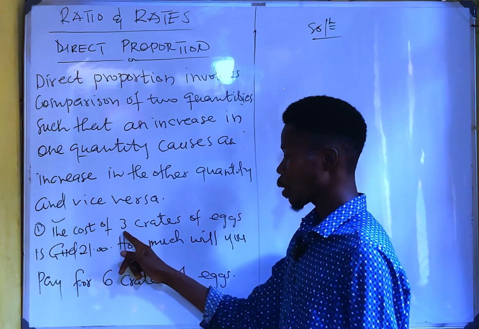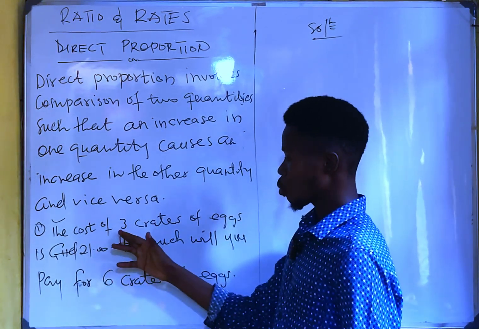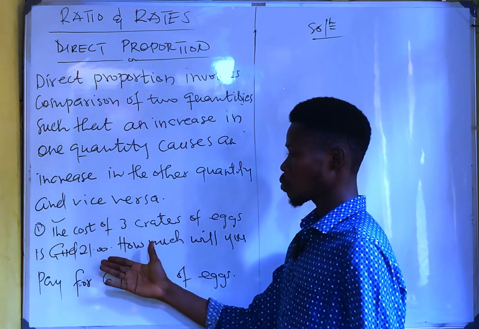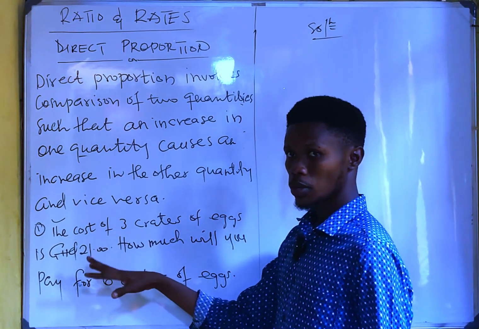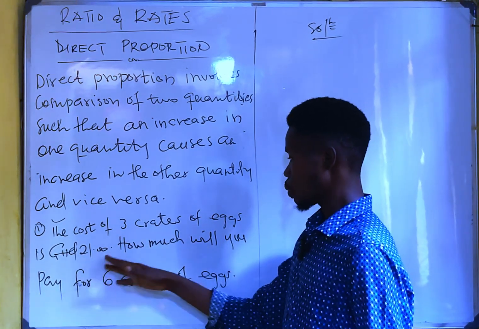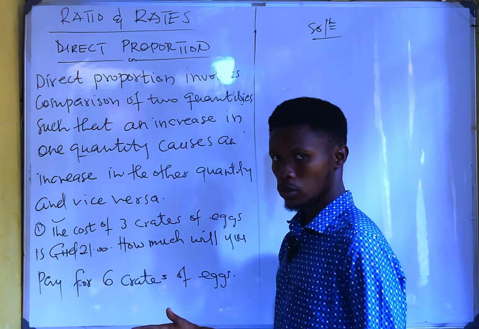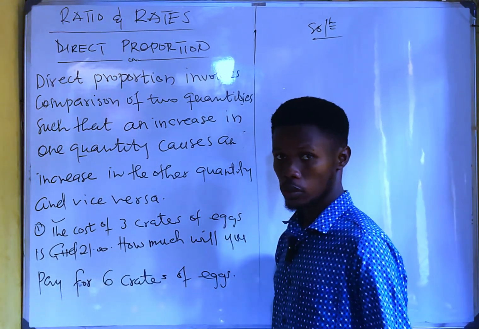So you cannot compare this crate to the money in terms of ratio. You can do that, but it's important that we have crates, and we have to find the amounts. So we can compare crate by crate, then amount by amount. That's what I'm trying to say.